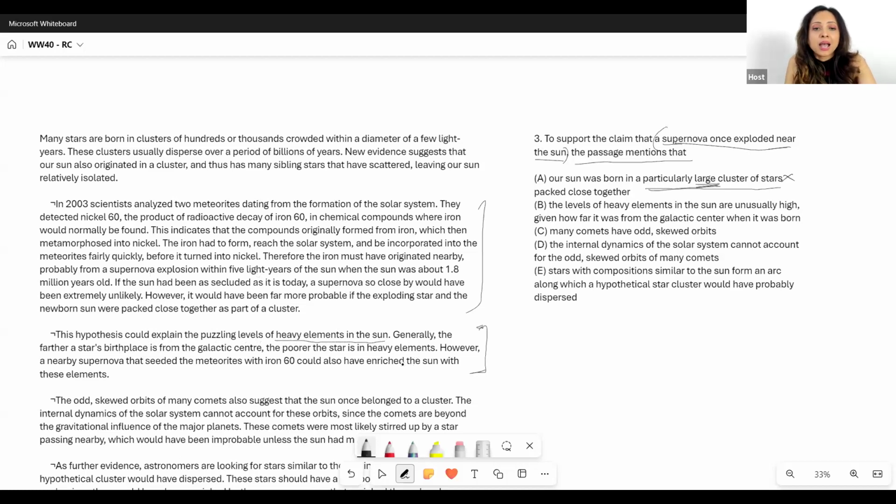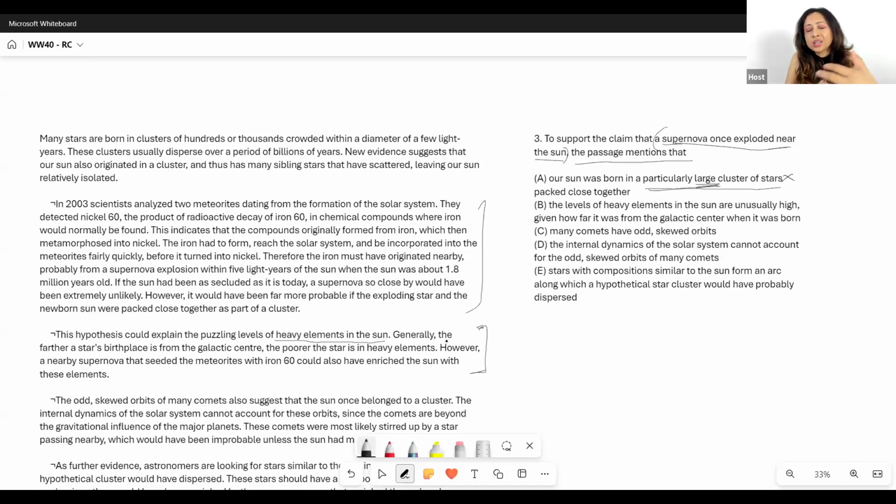It is a fact, and it is supporting. Generally, the farther a star's birthplace is from the galactic center, the poorer the star is in heavy elements. However, a nearby supernova that seeded the meteorites with iron could also have enriched the sun with these elements.